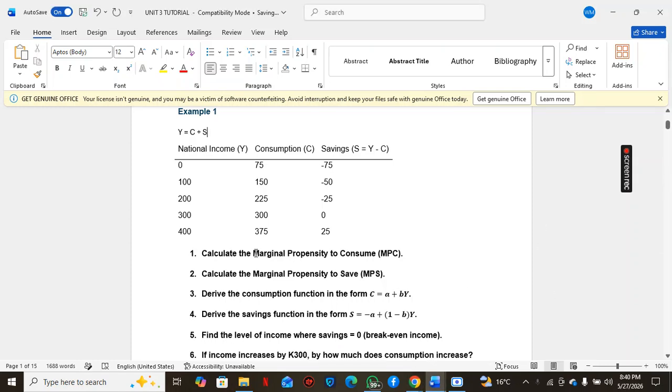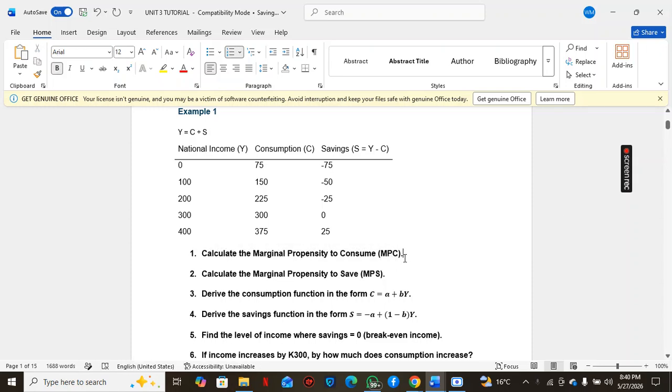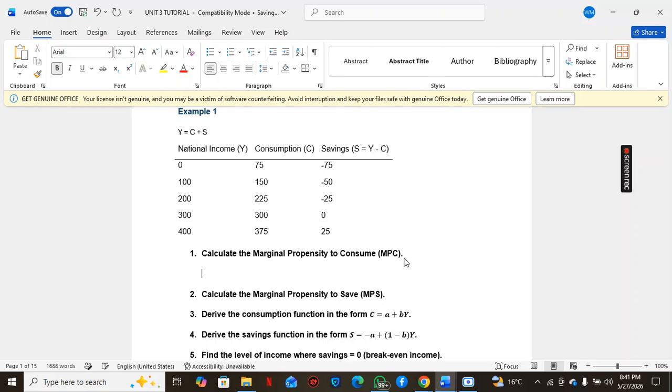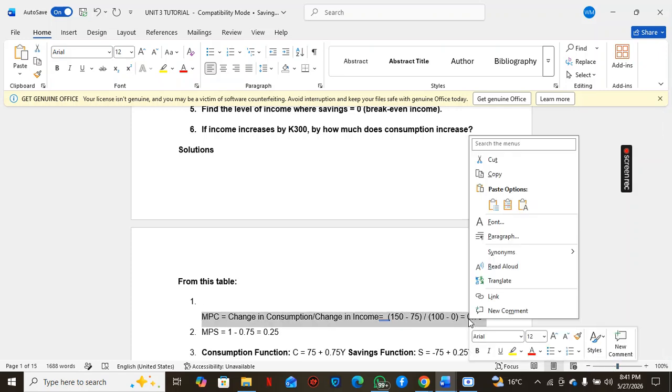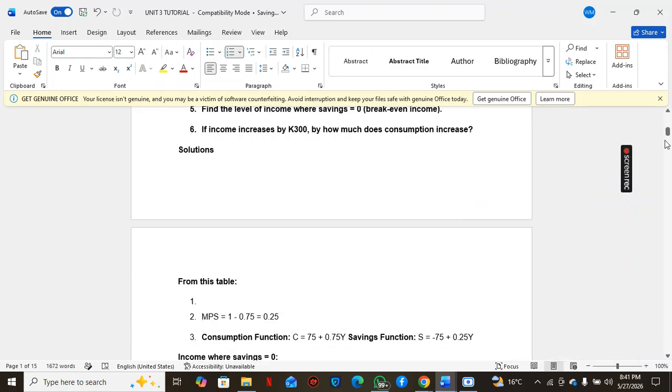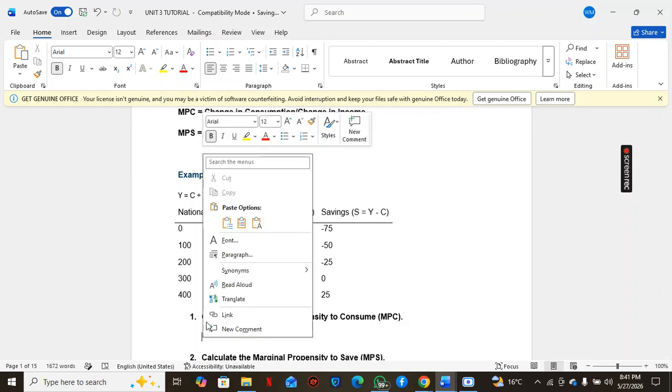The first one is calculate the marginal propensity to consume. How likely you are to spend your money when you get it. So marginal propensity to consume, this is the formula: change in consumption over change in income.